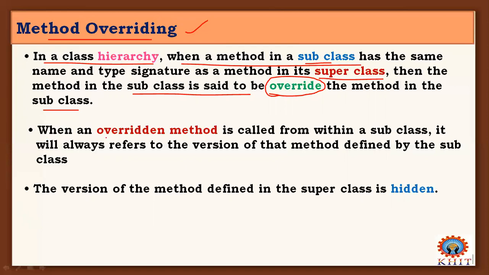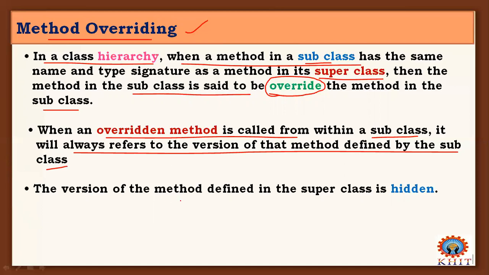When an overridden method is called from within a subclass, it will always refer to the version of that method defined by the subclass. Inside this subclass scope, only the version of the subclass method is called.